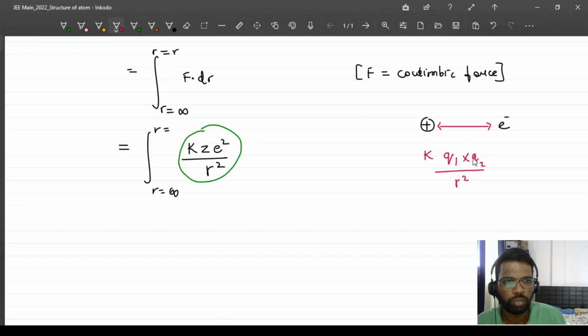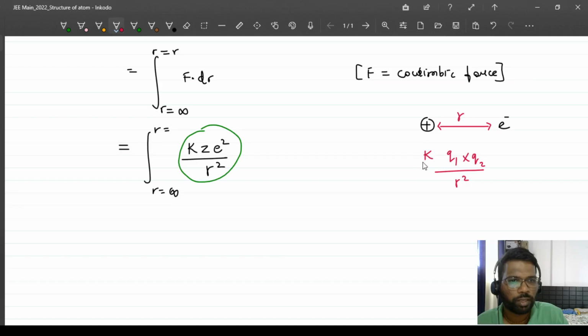This is how the Coulombic force is given between two charges. Q1 is one charge, Q2 is the other charge, and r square is the square of the distance.